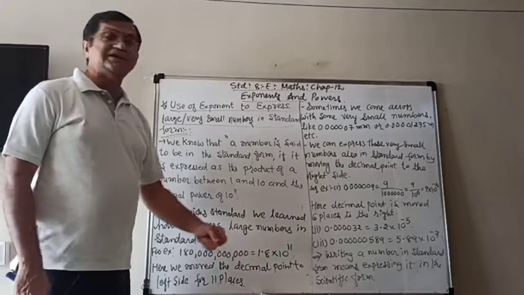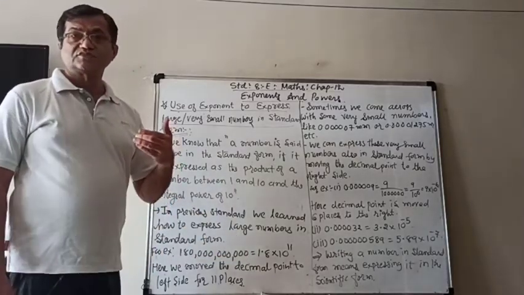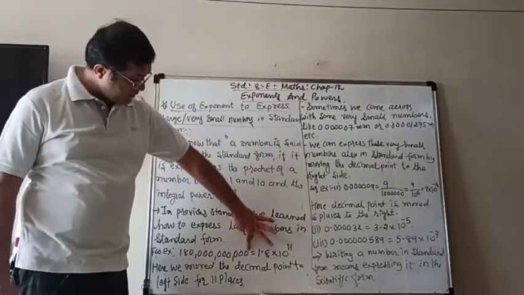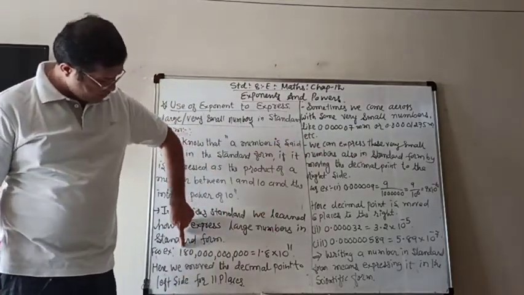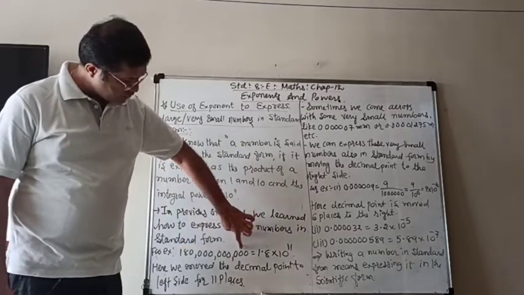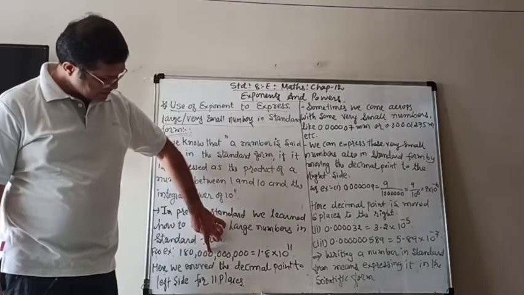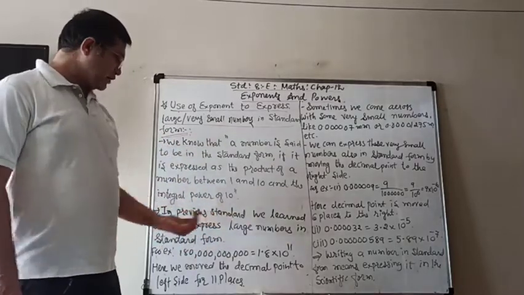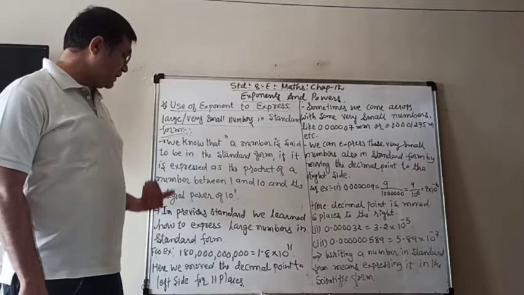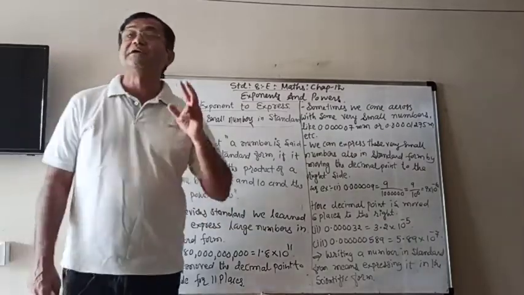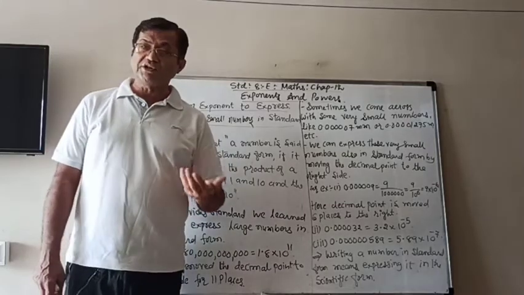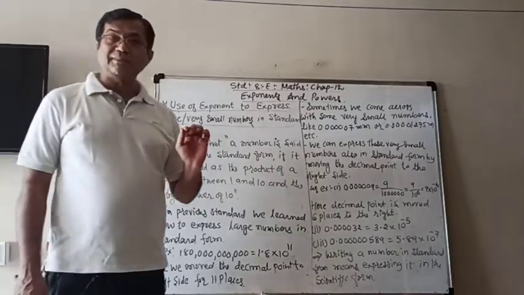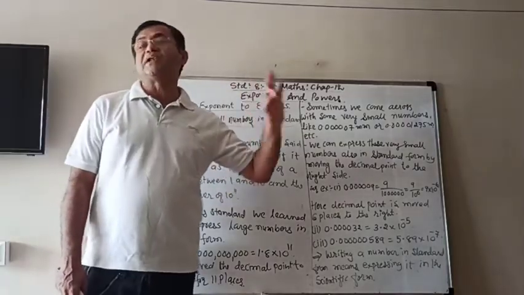And we know that when there is no decimal point, it is regarded as at the end of the number. So from here, it is to be moved here. So we have to come across 1, 2, 3, 4, 5, 6, 7, 8, 9, 10 and one more, 11. So we have moved the decimal point to the left side for how many places? 11 places. So in this case, we write 1.8 multiplied by 10 raised to 11.